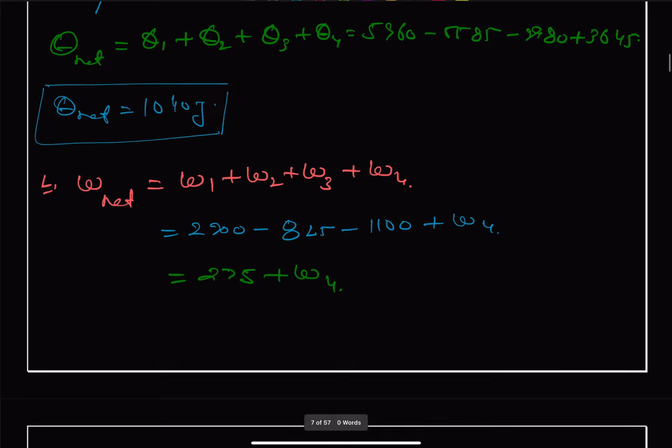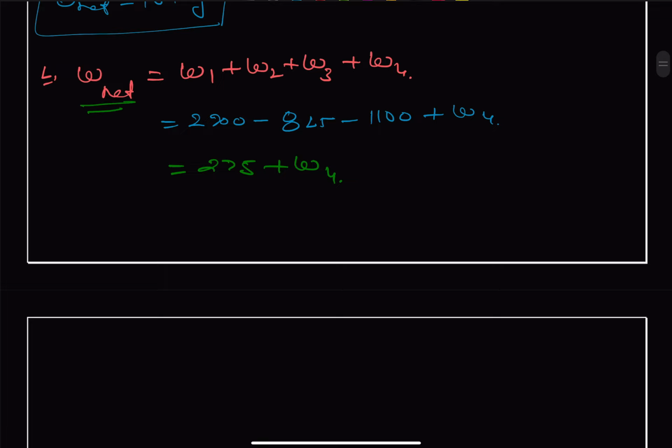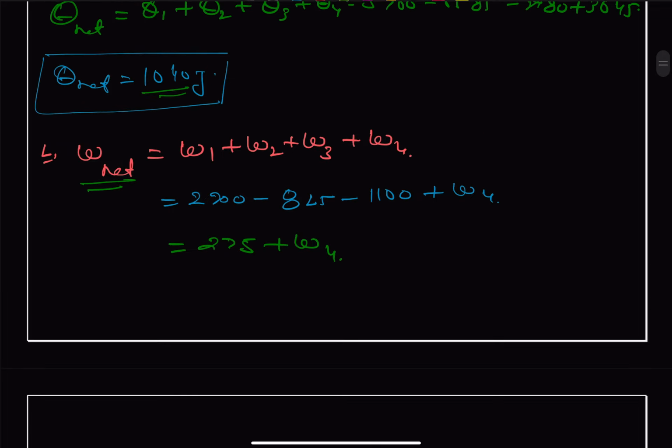We said that our Q net should be equal to W net, so we can easily replace W net by Q net, that is 1040. So from here we get W4 is equal to 1040 minus 275, which gives us 765 joules. So this is our W4.